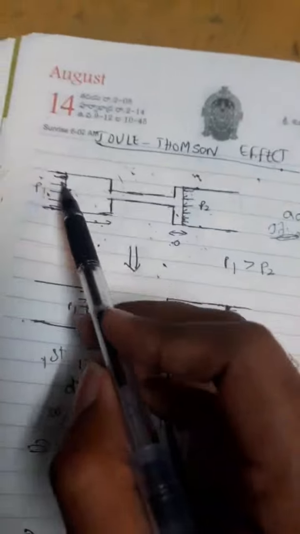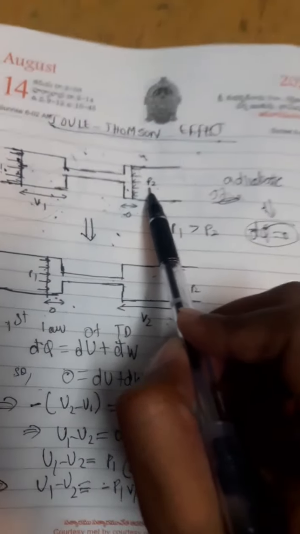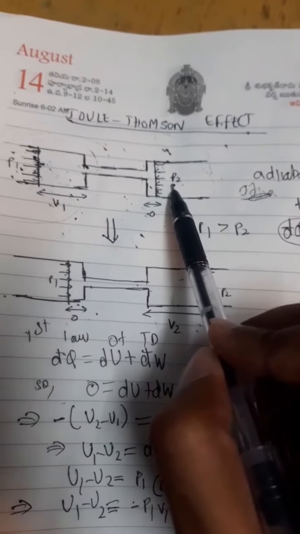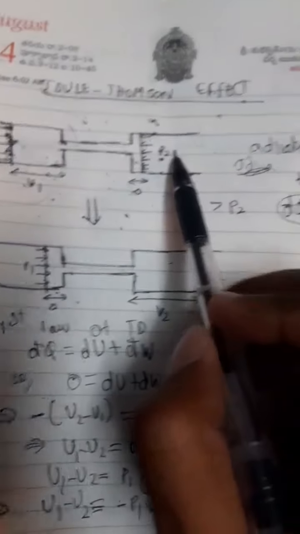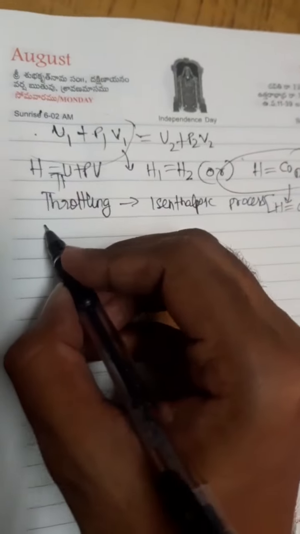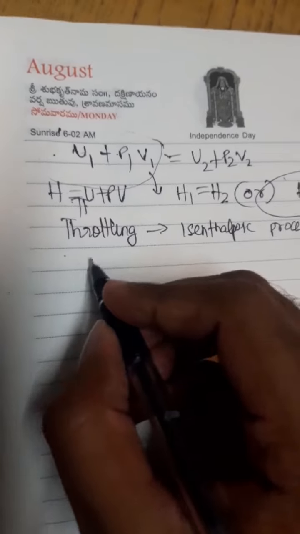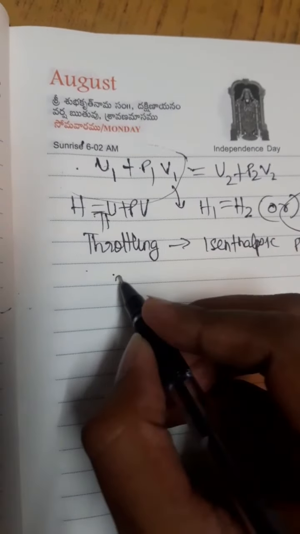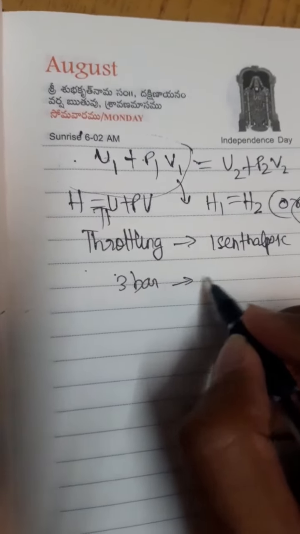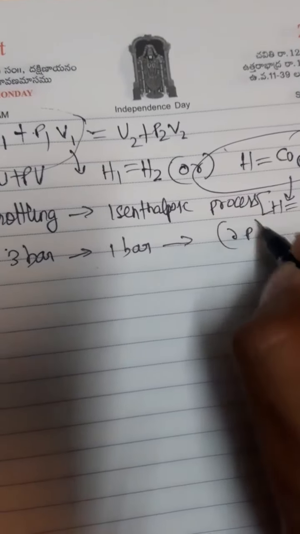When you are expanding the gas from pressure P1 to pressure P2, obviously there will be a drop in temperature. So this gives us a cooling effect. In the Joule Thomson effect, the important term is this: say we are expanding a gas from 3 bar to 1 bar, so obviously there is a change in pressure dP.